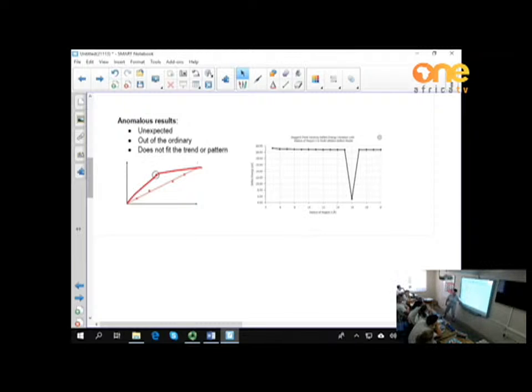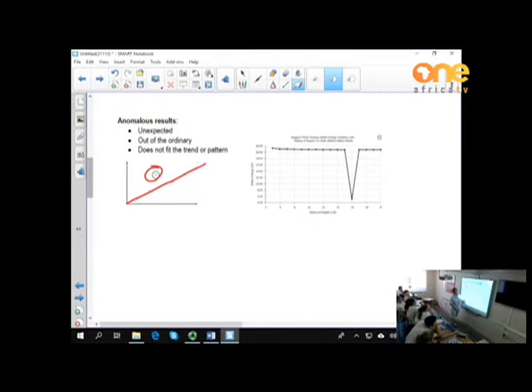No, never. You will draw a straight line through as many of the plotted points as possible. Please use a ruler to draw a straight line. We will ignore the anomalous result.